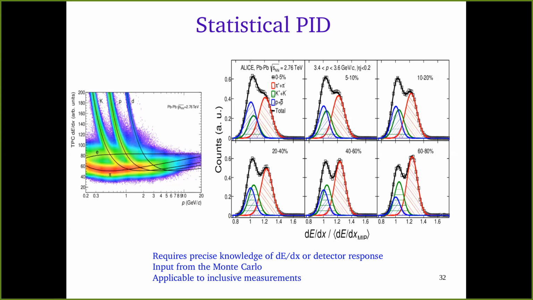So in that case, I could not satisfy myself where the fault is. Is the fault from the multi-Gaussian fits where I'm extracting my mean or sigma, or something else I am doing? So that is one problem.